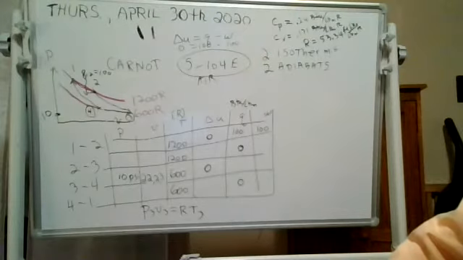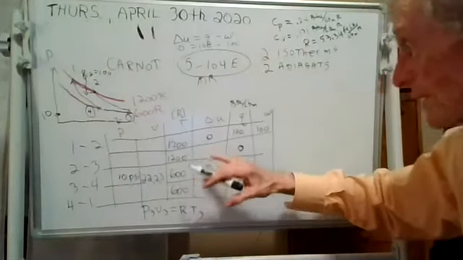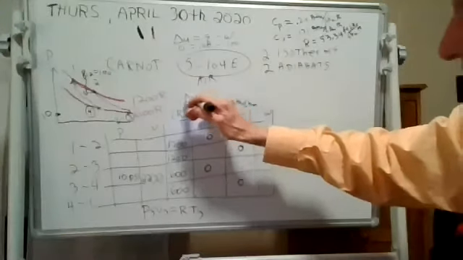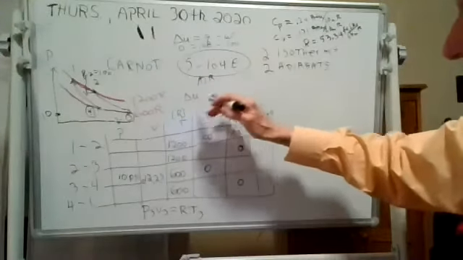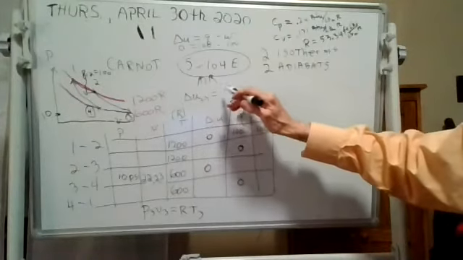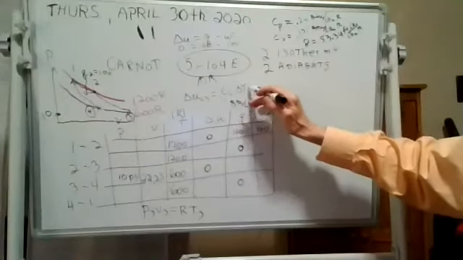Okay, now what? Well, hey, we could get these delta U's here. Let's do this. There's some room right here. Let's do this delta U from 2 to 3. You know what that is? That's going to be CV delta T from 2 to 3.